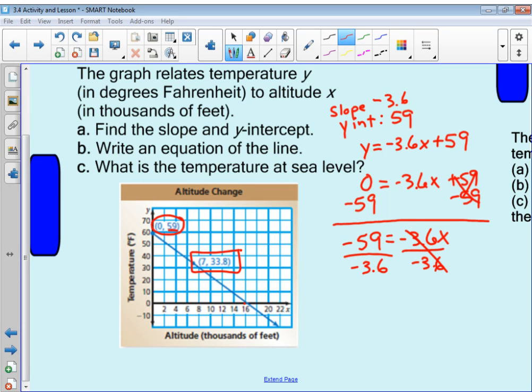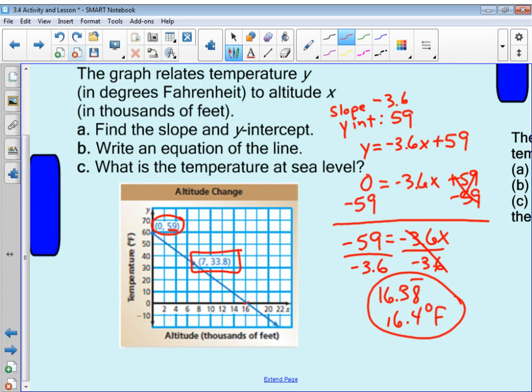So I've got two negatives, makes it a positive. It's 16.38. So it's actually a little bit past the 16 now that I really look at it. So 16.38 repeating, or 16.4. And that's our temperature. So that would be degrees Fahrenheit. Either of these would work.